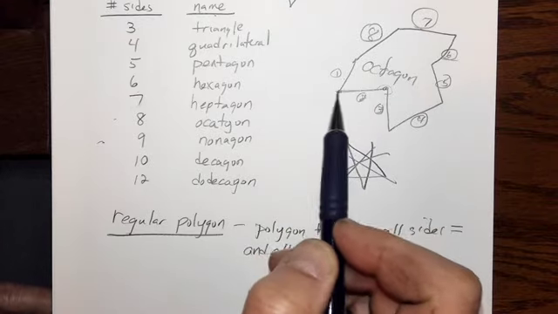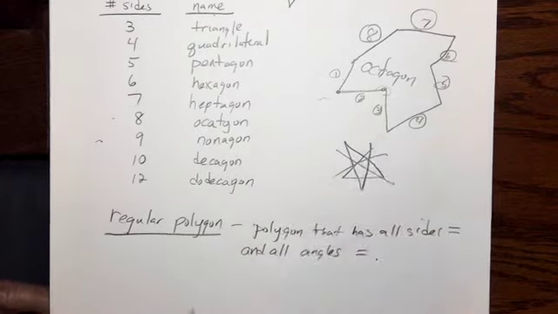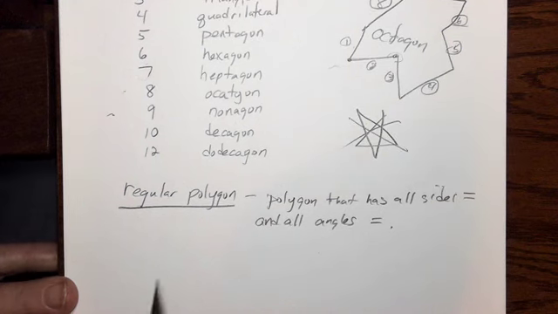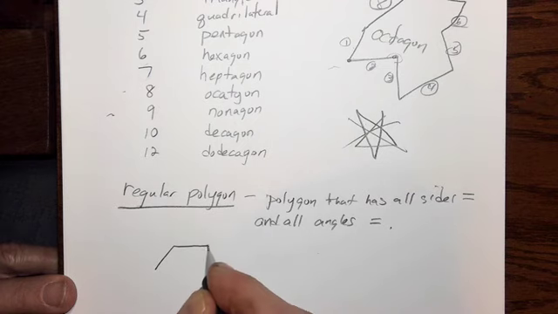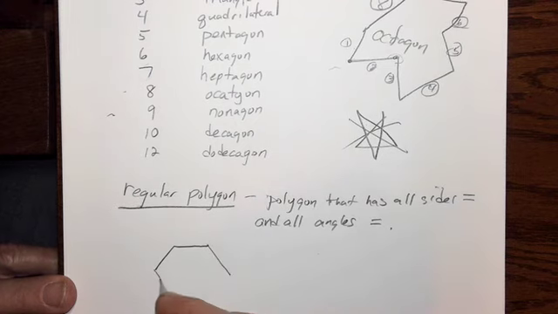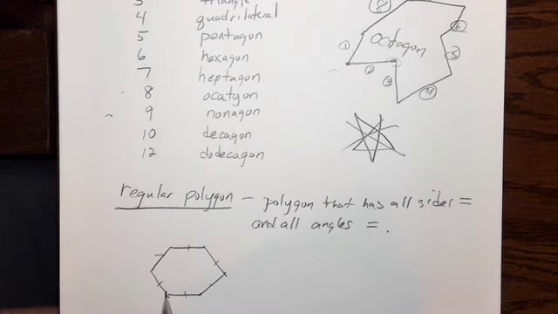So this can't be a regular polygon if it goes back inside like that. That's called a concave polygon. An example would be a hexagon. A regular hexagon is one where all of the sides are the same length and all of the angles are congruent. This angle is congruent to this one, congruent to this one, and so on around the figure.